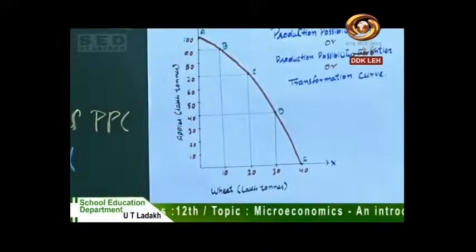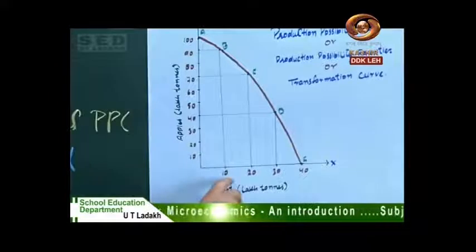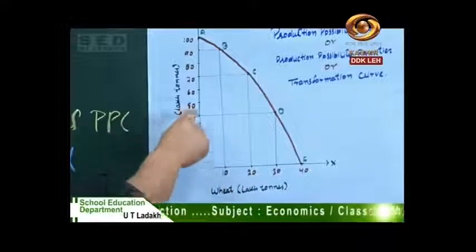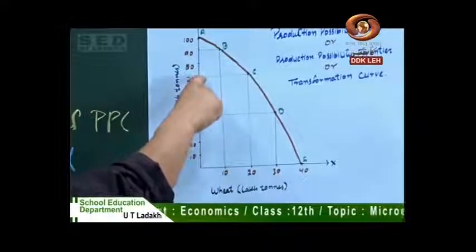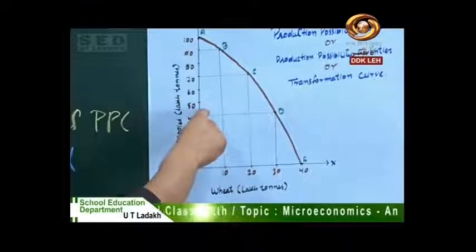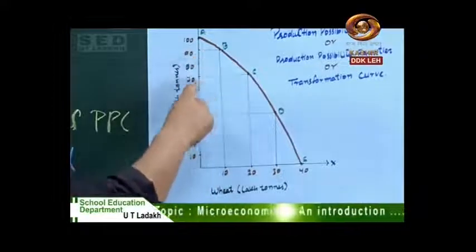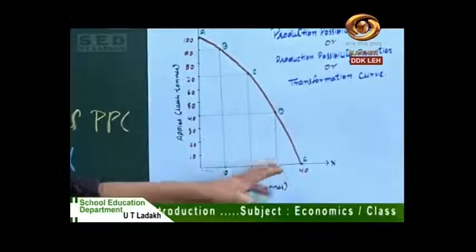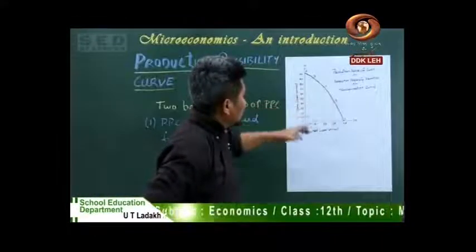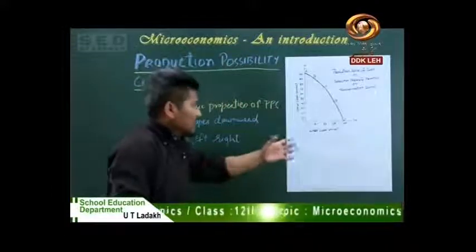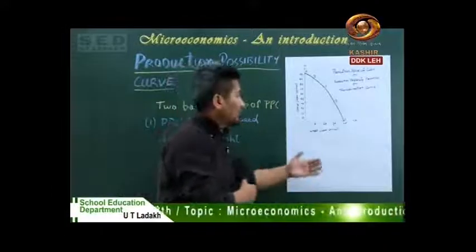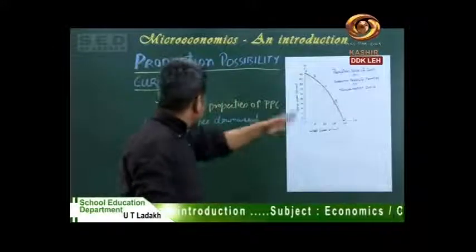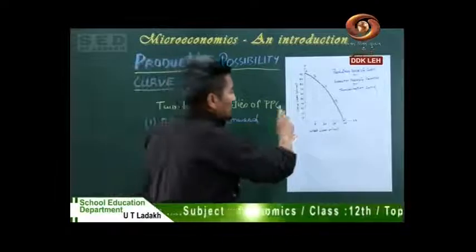In the same way, when you increase the wheat from 10 to 20 lakh tons, the production of apples further reduces from 90 to 70. And when you again increase from 20 to 30, it reduces from 70 to 40. So here you see, to increase the production of wheat, you have to decrease the production of apples. So that is the reason it slopes downwards from left to right.